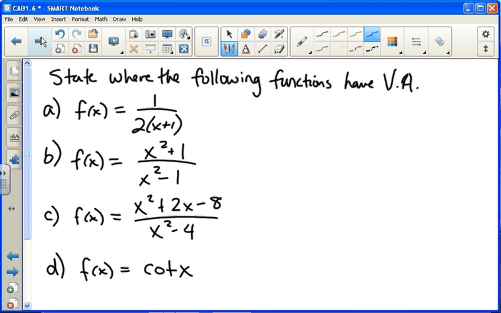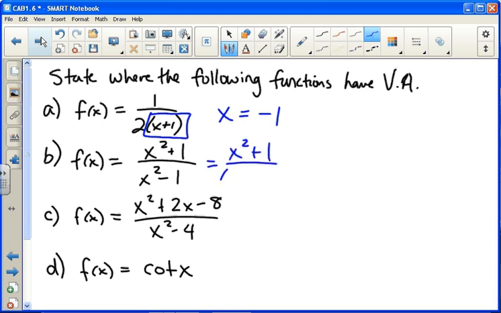When we look at A, negative 1 will make the denominator 0, negative 1 plus 1, but it won't make the numerator 0. So negative 1 is a vertical asymptote. It makes the denominator 0, and its term, x plus 1, cannot be canceled out. Now B, the top is unfactorable.